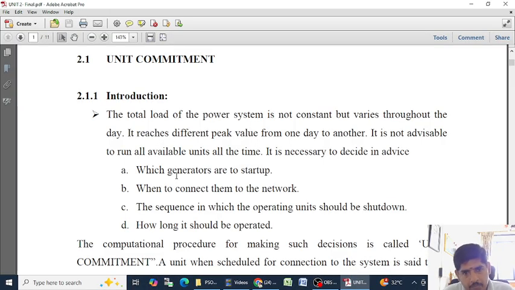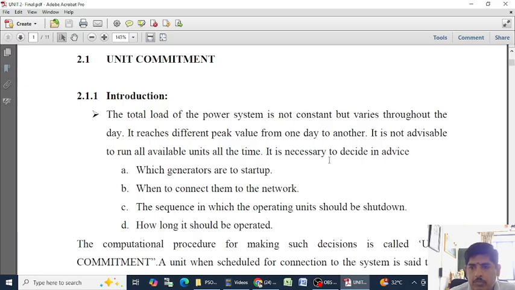No need to operate the 500 kilowatt generating unit. So based on the demand, I have to commit the generating units. Which generating unit is committed first and which is committed second, that is called unit commitment.